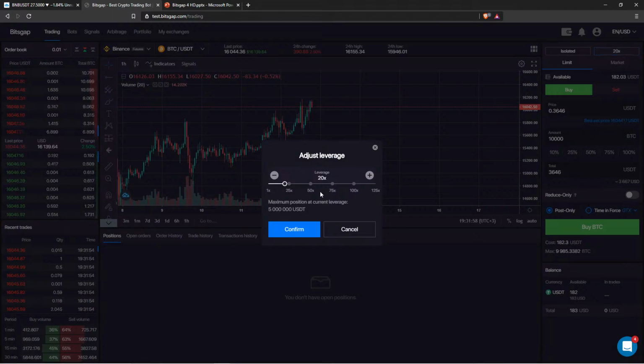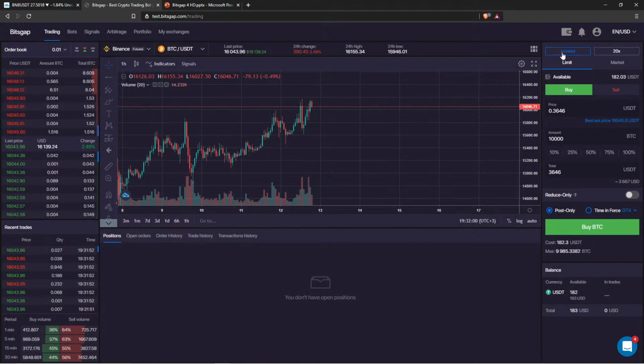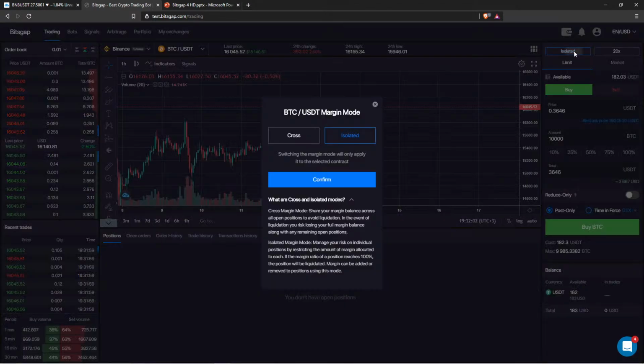And so yeah, leverage, and of course you can switch to isolated mode. So here's the information about the isolated mode and the cross margin. You can read about it, but just to quickly remind you what this is all about. Basically, if you have the cross margin, that's 100% of your balance being taken as the collateral for the trade.